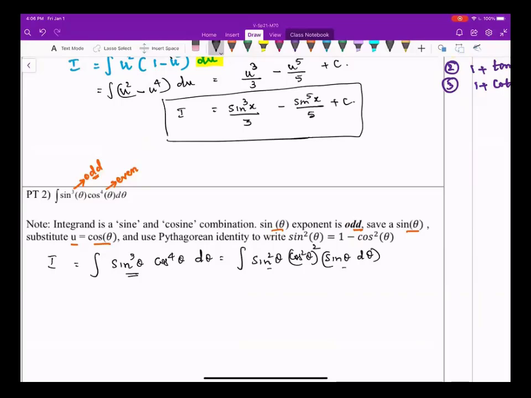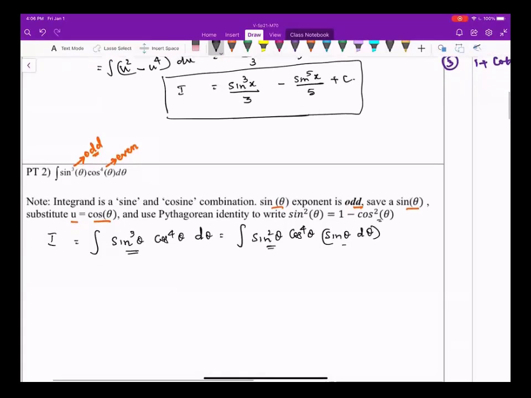The reason is we are going to use sine square equal to 1 minus cosine square. In fact, this cosine square need not be written this way. We can write this as cosine to the power 4 theta because u equal to cosine theta. Only the sine square, in the next step, we are going to write as 1 minus cosine square.